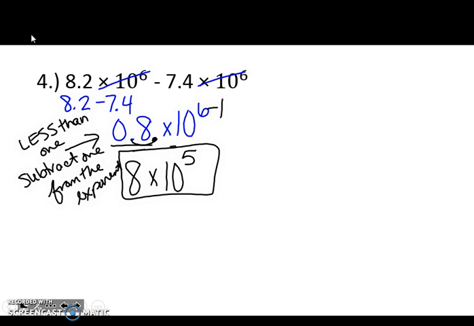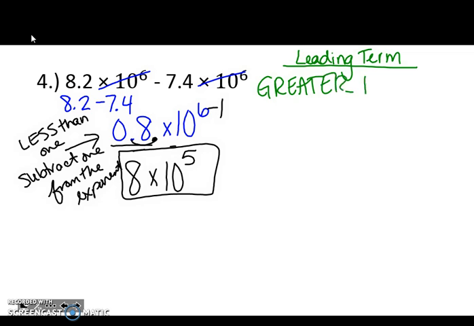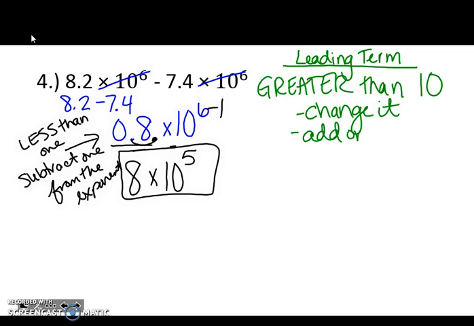So over here on the side, I'm going to write out those rules one more time for you. So when we are looking at the leading term, if it is greater than 10, then we're going to change it and add 1 to the exponent.